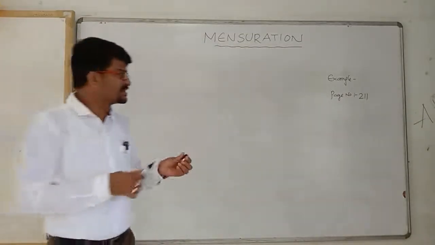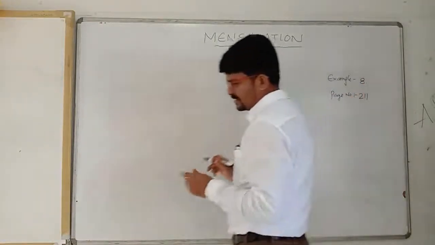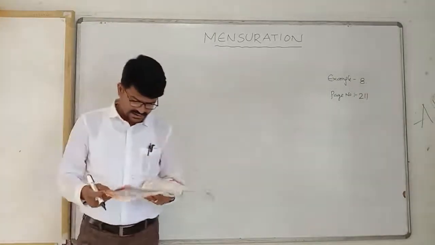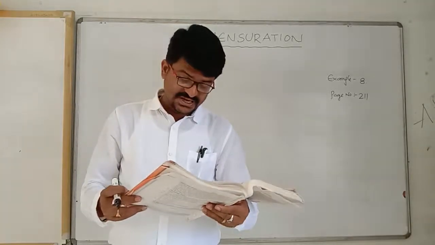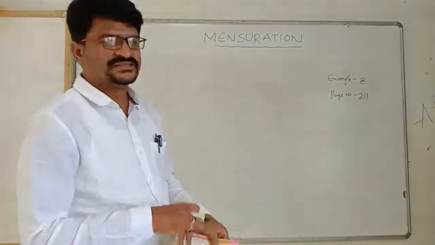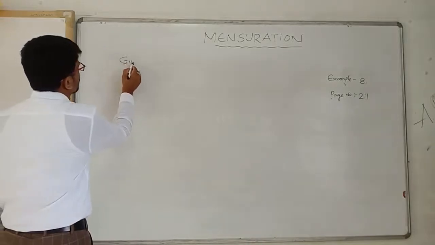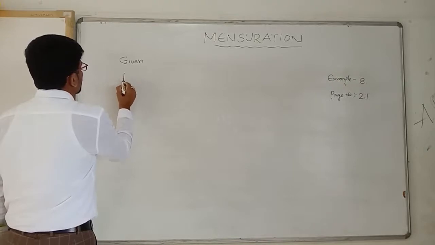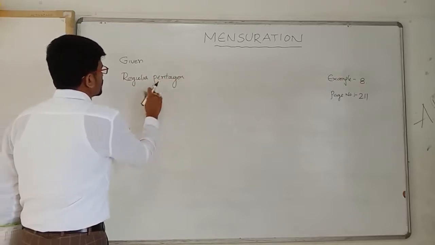Now the next question is example 8. What is this question, children? Find the perimeter of a regular pentagon with each side measuring 3 centimeters. What is given here? Regular pentagon.